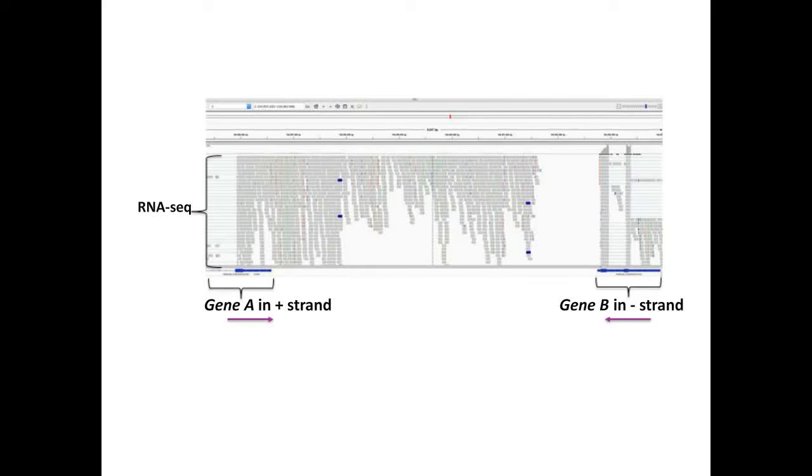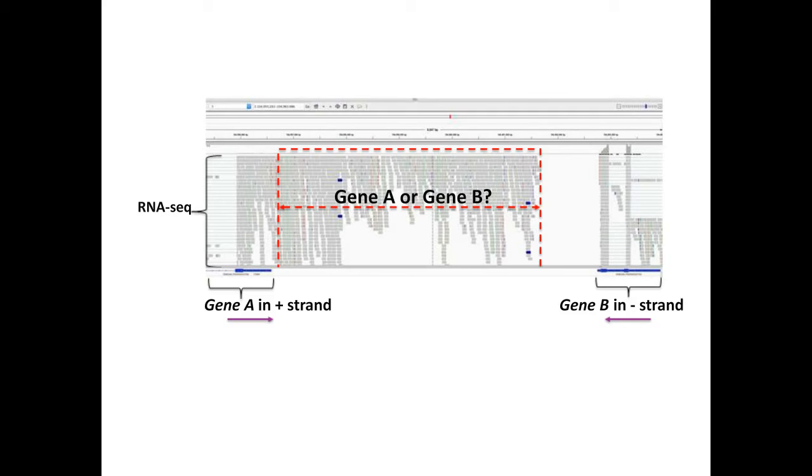We are going to look at another example where both genes are expressed higher. In this case, we have the same scenario, with gene A on the plus strand and gene B on the minus strand, and we also have all these reads in this area. Based on the current gene model annotation, the transcript for gene B ends here, and the transcript for gene A ends here.